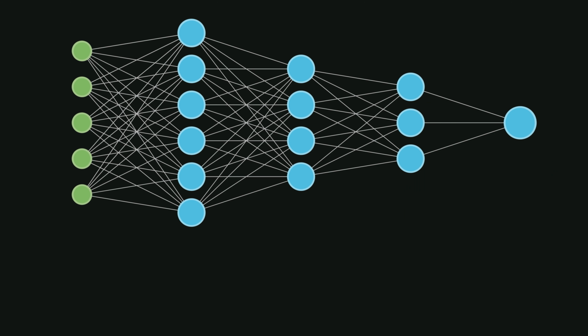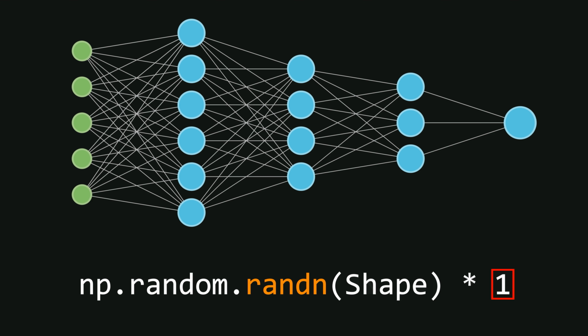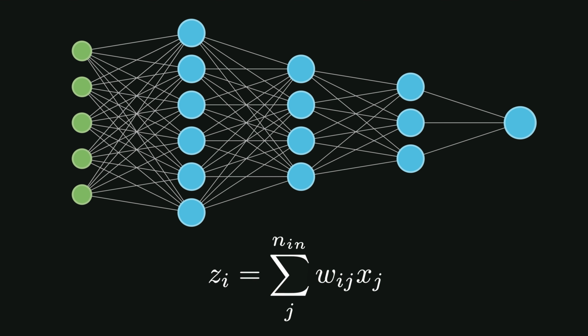So earlier, we were just scaling the randomly selected weights by some constant value. Instead of doing that, we will use a slightly smarter way. Let's take our weighted sum Z. Here, Wij represents the weight from the ith neuron in the current layer to the jth neuron in the previous layer. Now, this N in is the number of inputs coming into a particular neuron, and the number of outputs going out of a neuron is represented using N out.